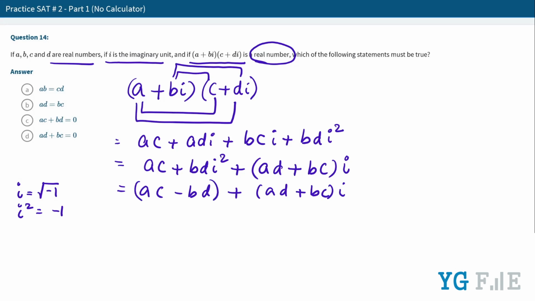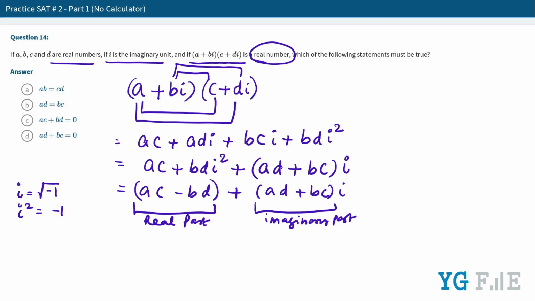Now the condition is that this whole thing is a real number. So in order to get a real number, we should understand that this is known as the real part of a complex number and this is the imaginary part. In order for this to be real, we need to have the imaginary part 0, so it should disappear.